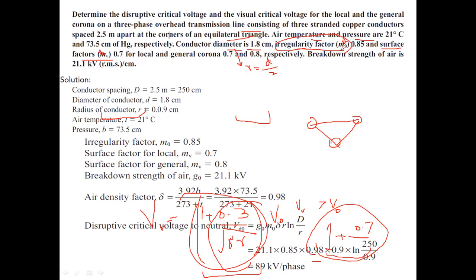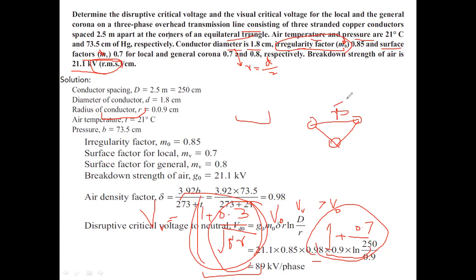For the audible corona, we have to put M naught. It is a unitless quantity, for local and general corona respectively. The breakdown strength of the air is this in RMS kV per centimeter.